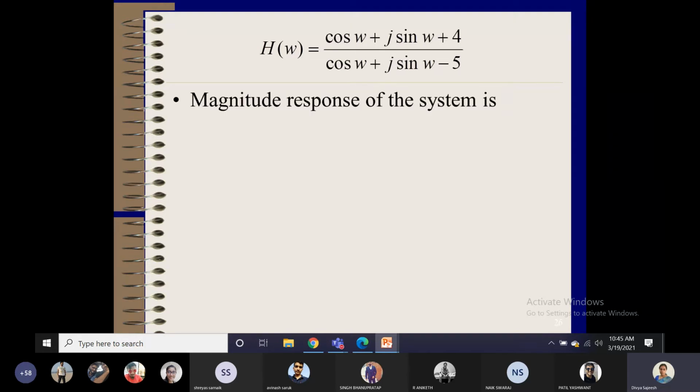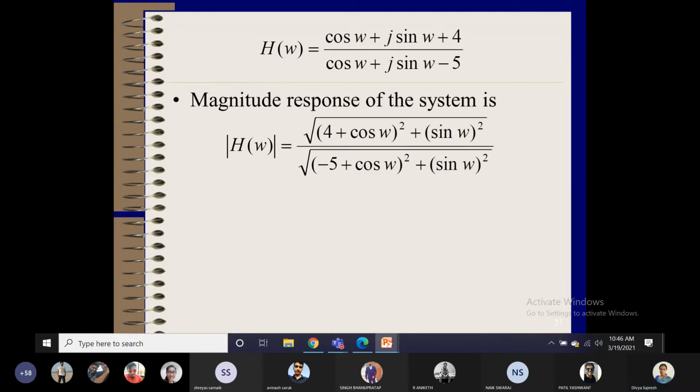Now you can obtain the magnitude response of the system as the square root of, on the numerator, what is the real part? Cos omega plus 4, so real part squared plus imaginary part, which is sine omega, so sine omega squared. Similarly, on the denominator also, the real part is cos omega minus 5 and the imaginary part is sine omega. So this will give you the magnitude of the system.